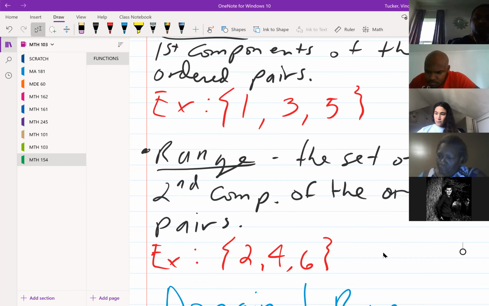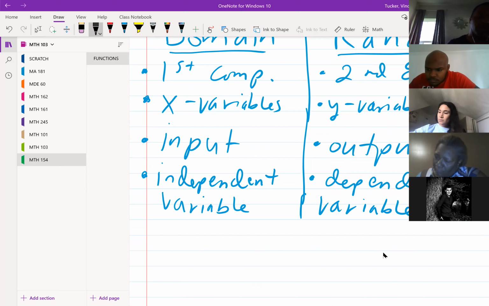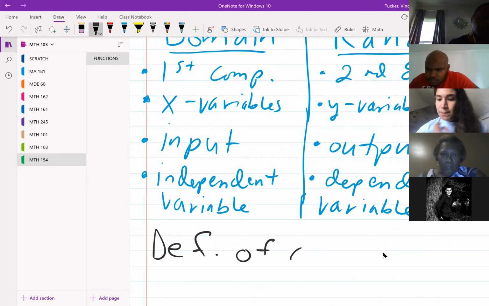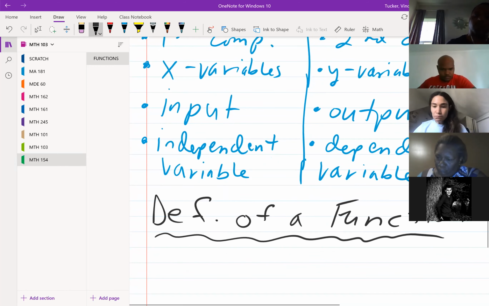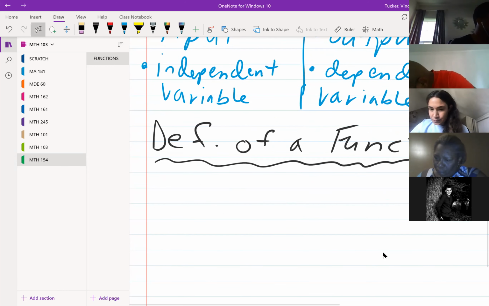So let's look at function, an actual function. Correlation.